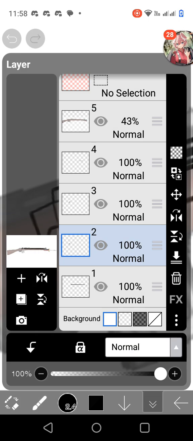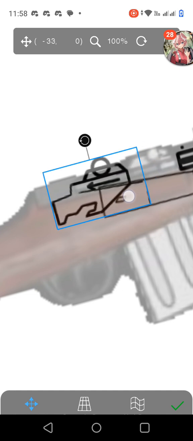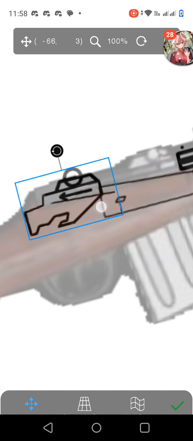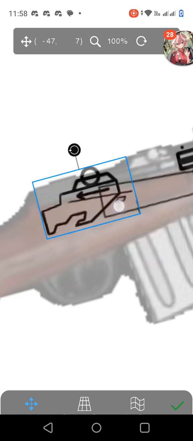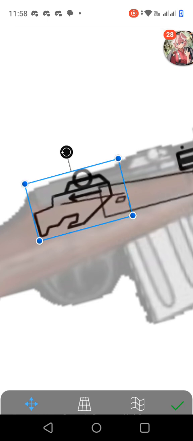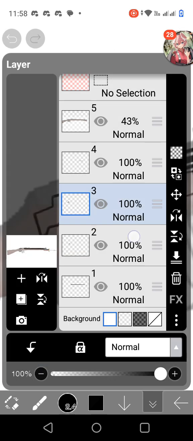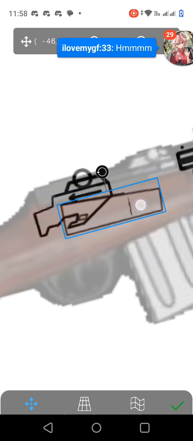So let's say the bolt has traveled its entire length, so it's moved up until here. The bolt should have traveled to here.